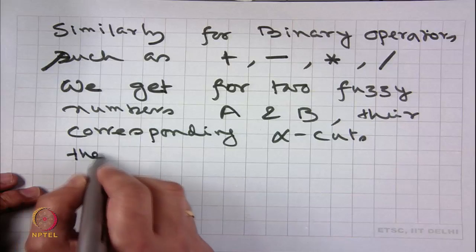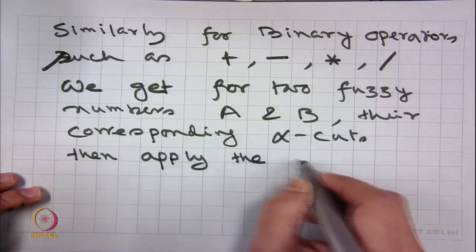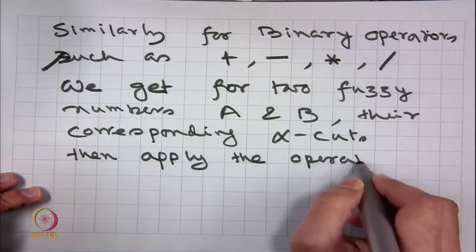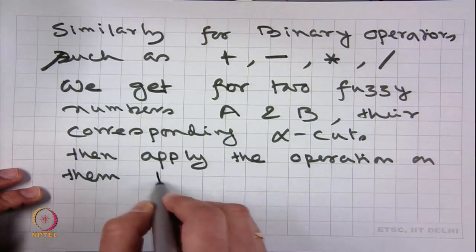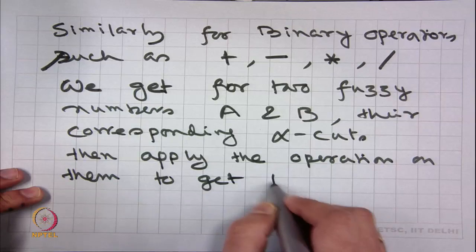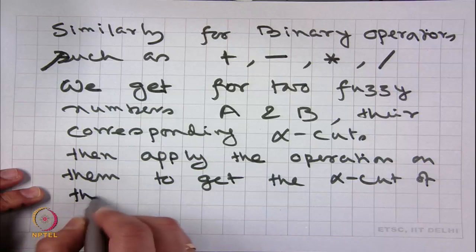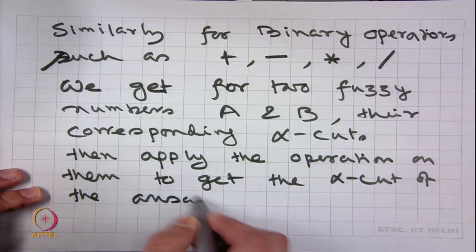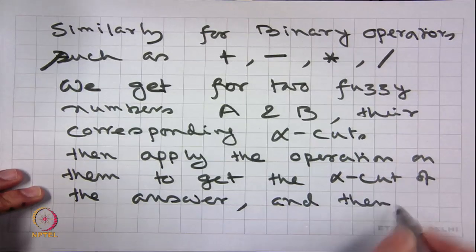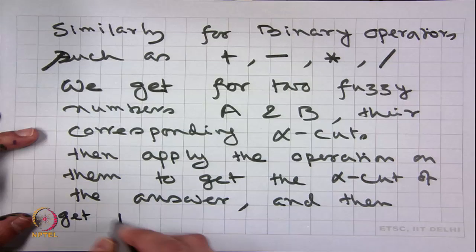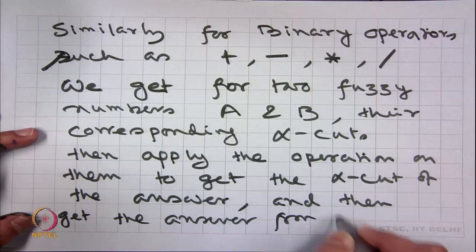Then apply the operation on them to get the alpha cut of the answer, and then get the answer from the alpha cuts.